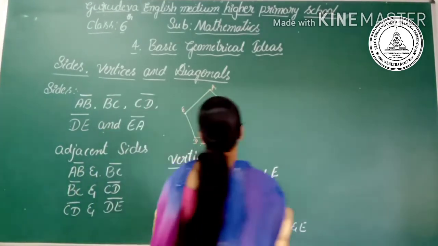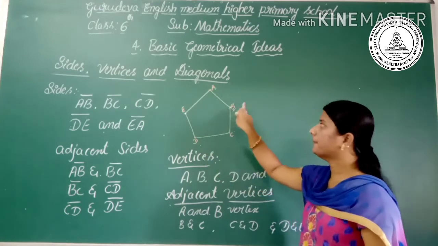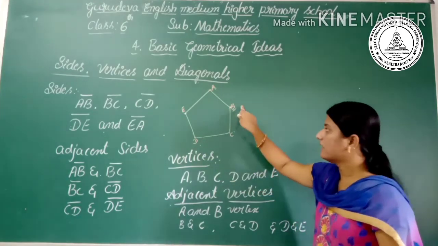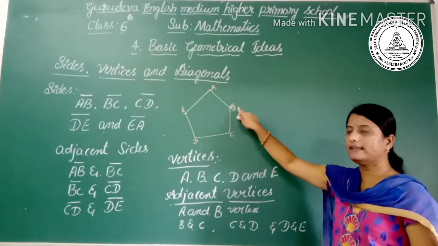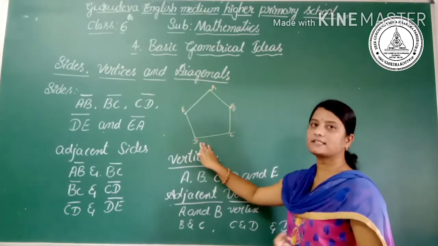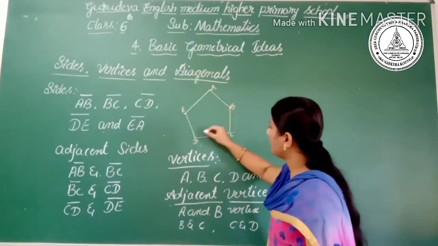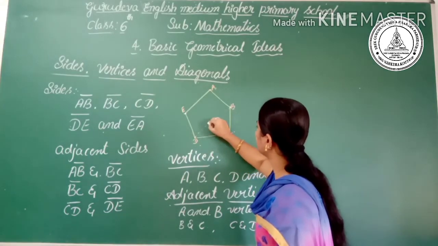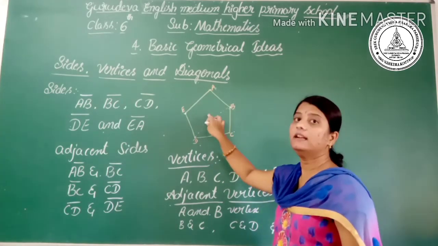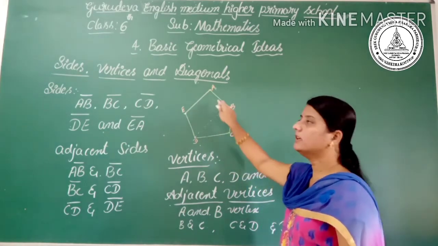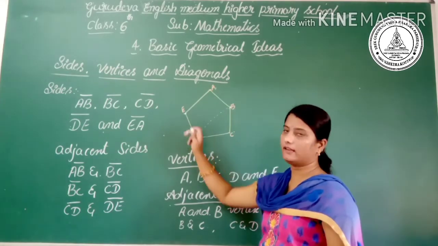Then what about the D and B vertices? D and B are not adjacent vertices. So join these two vertices with a line segment, then it is called a diagonal of the polygon ABCDE.